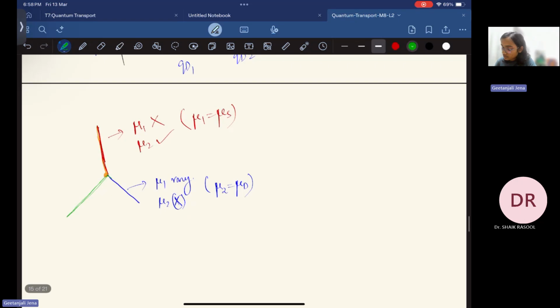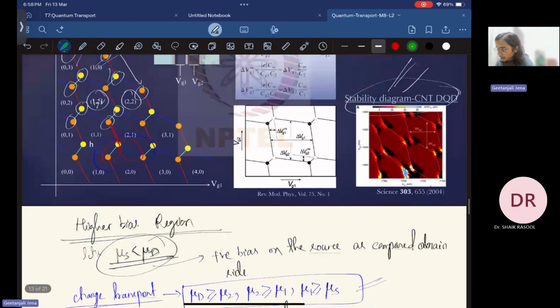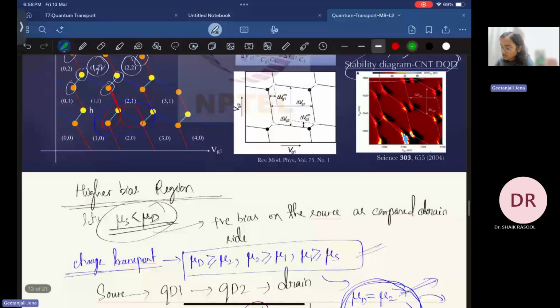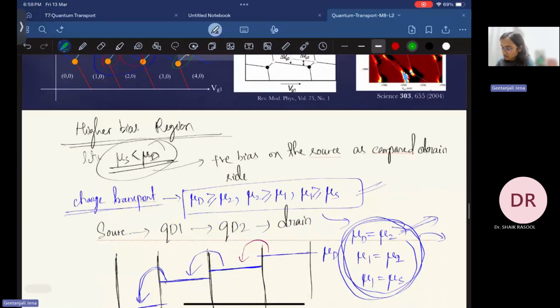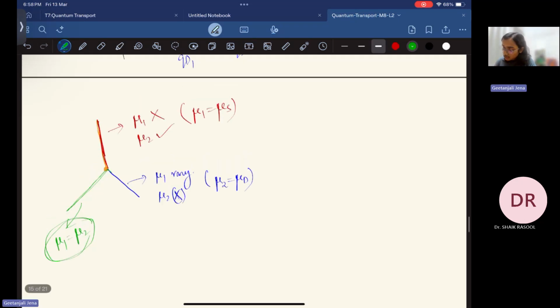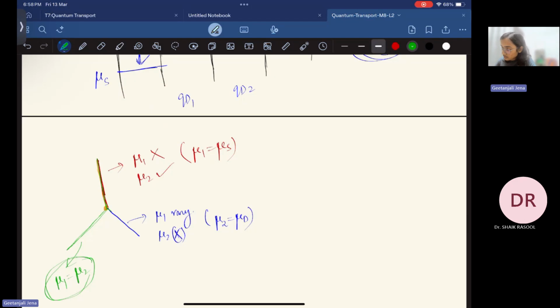And for the green one, or I think in the graph it is a blue line, but let's say it is a green line. So for this line, both mu1 and mu2 are varying. So that means mu1 is now aligned with mu2. So we are changing mu1 and mu2 so that they are aligned. Okay. So these are the lines where we see the limiting condition for charge transport.